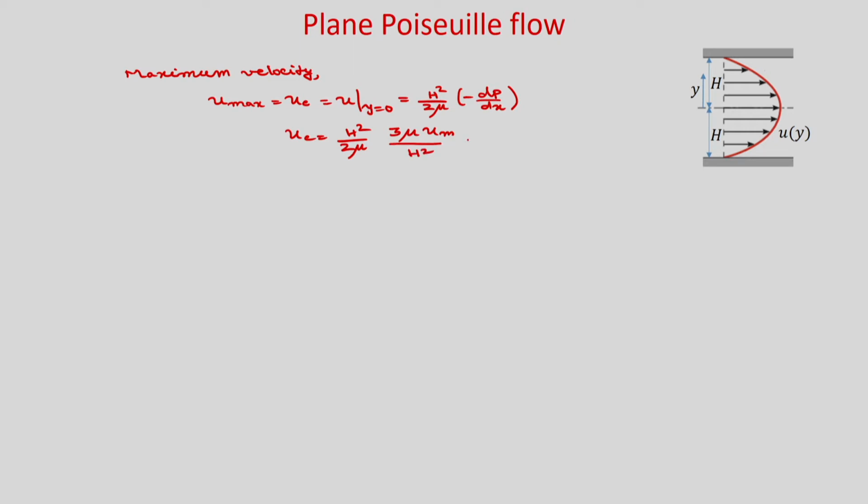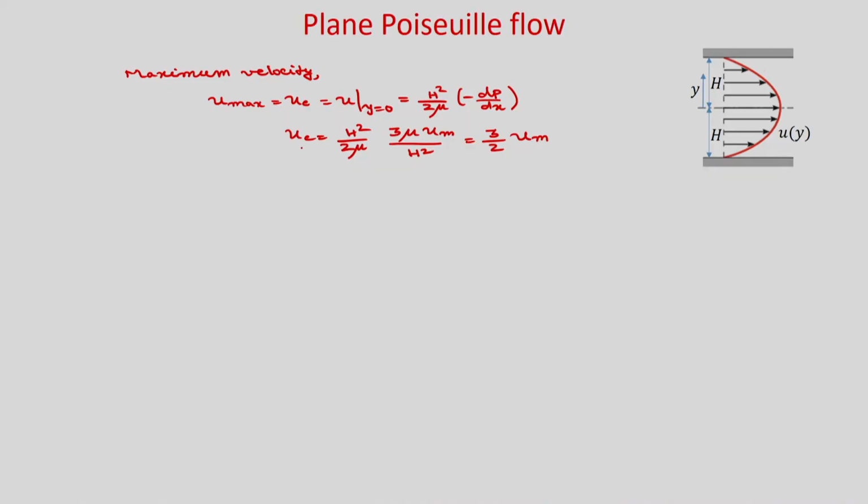So, it will be just 3 by 2 Um. So, you can see that in case of fully developed flow inside two infinite parallel plates, your maximum velocity is 1.5 times the average velocity, okay, because here you can see that Uc, which is your maximum velocity, is 1.5 times the mean velocity for fully developed flow.